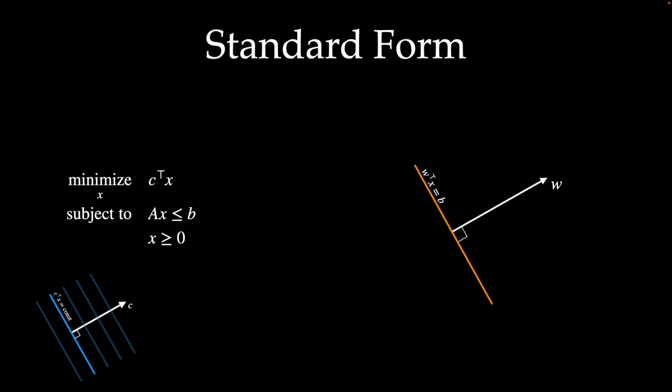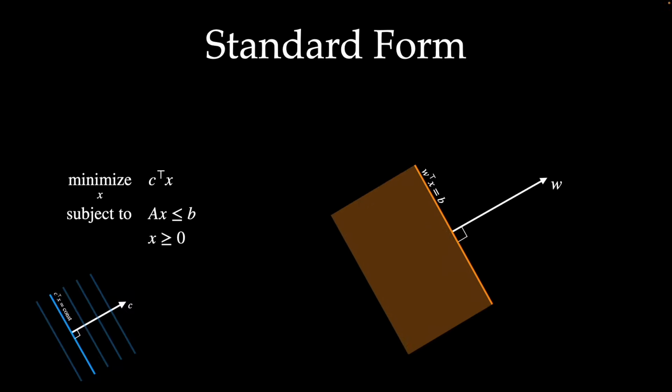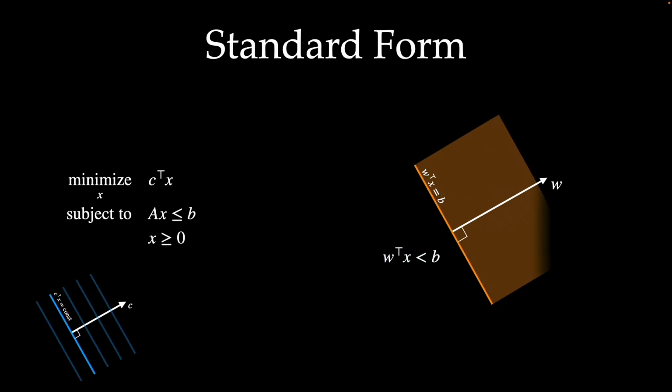Now we can talk about this idea of half spaces. A half space just represents the region on one side of this constraint. In this case, w transpose x less than b forms a half space. You can think of it as basically dividing the space in half. If we look at w transpose x greater than b, that's just the other half space formed from this constraint.